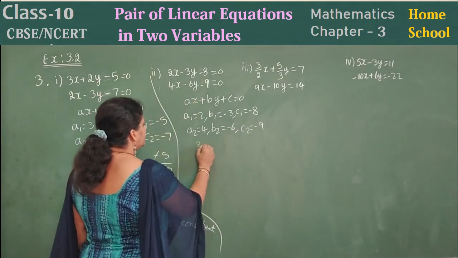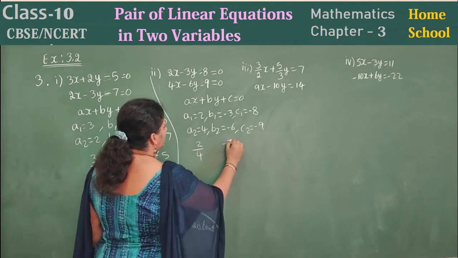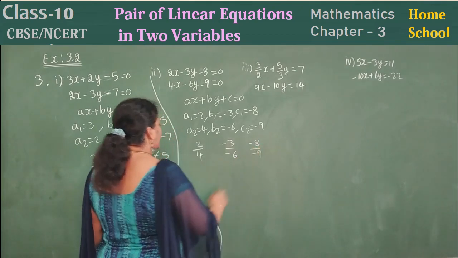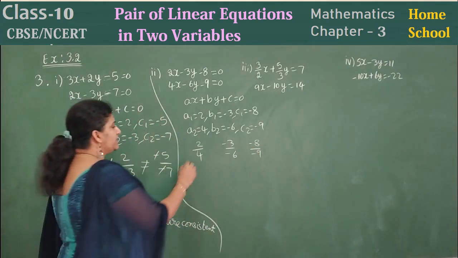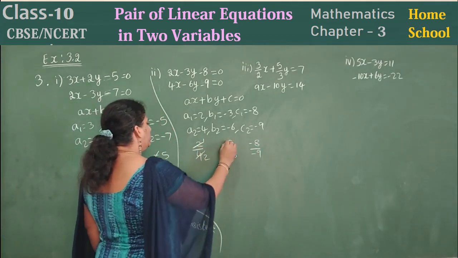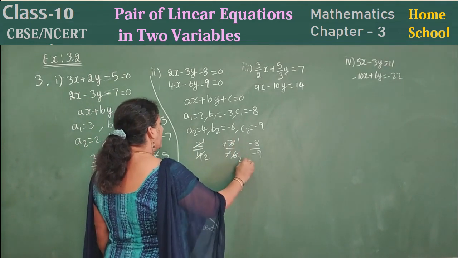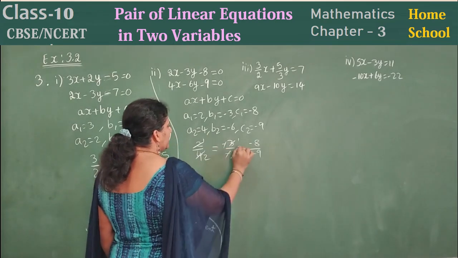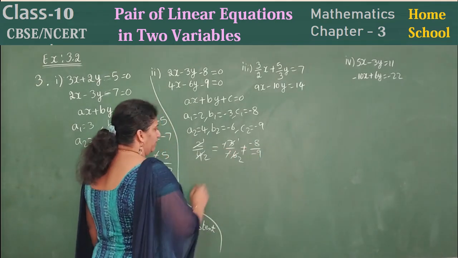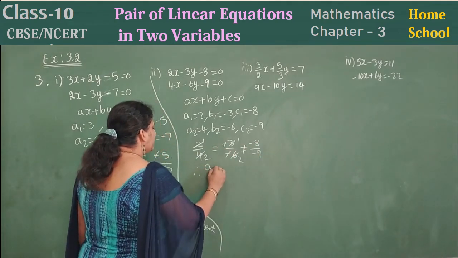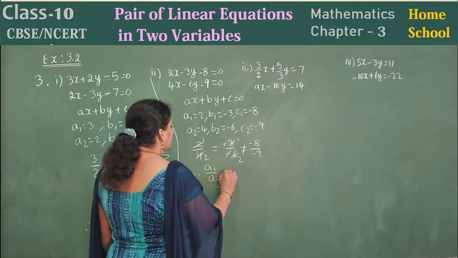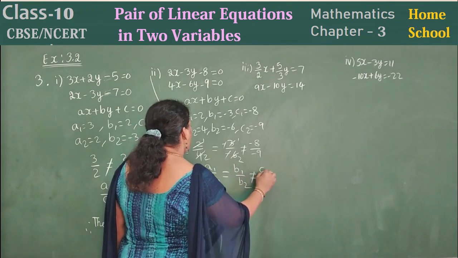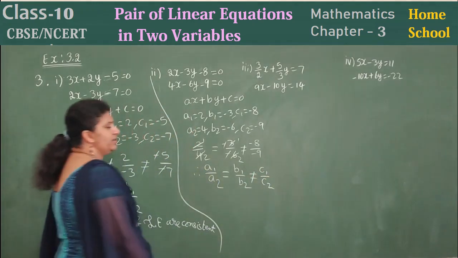Now compare the ratios: 2 by 4, minus 3 by minus 6, minus 8 by minus 9. So what happens here? 1 by 2, minus minus cancel, 1 by 2, and here it won't cancel. These two are equal and this is not equal. Therefore, a1 by a2 is equal to b1 by b2 is not equal to c1 by c2.